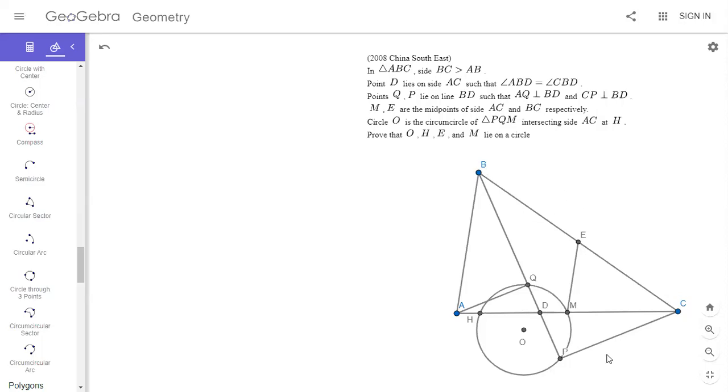But yeah, so I wanted to show PM and E are collinear. That's the same as saying that DM over DA is equal to DP over BD. And that seems like it could just be doing a bunch of ratios, right? So let's see.